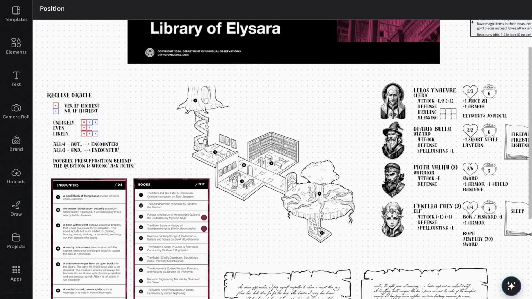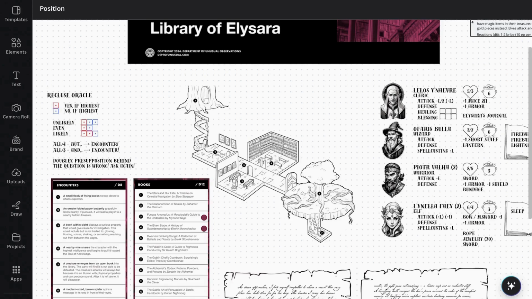So I will roll with the question: does Lelos stay here to guard this place until he is old, not able to trust himself anymore, really able to guard this place, and he will follow Elysara's route?